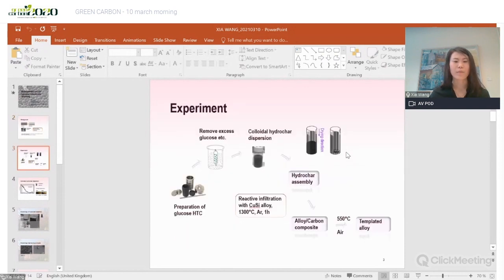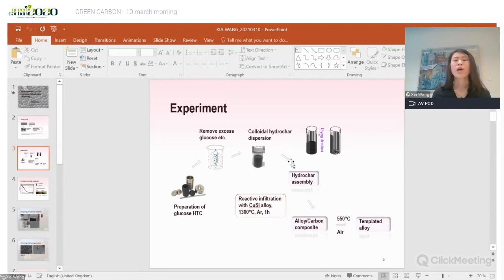So in this study, I started from preparing the solution of glucose hydrothermal carbonization, and then tried to remove the excess glucose and other small molecules in this solution, and only leave the hydrochar particles and the water in this dispersion.